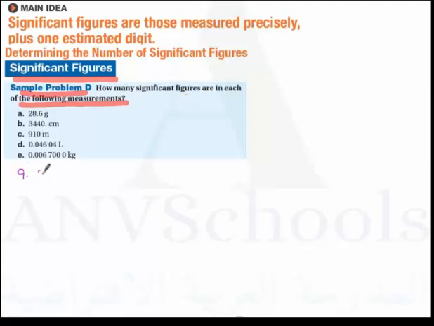A here is 28.6 grams. Here we can see that we have three significant figures. Why? Because there are no zeros.